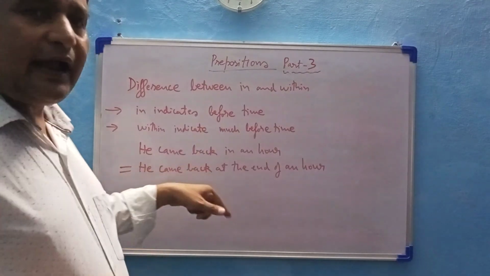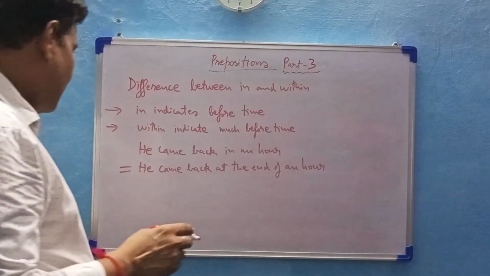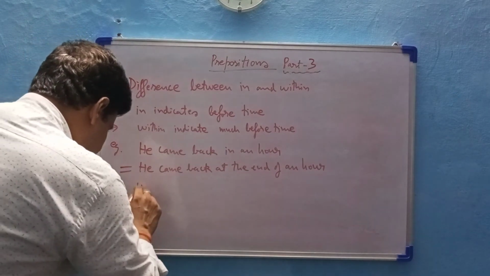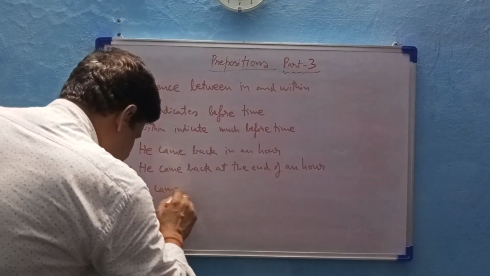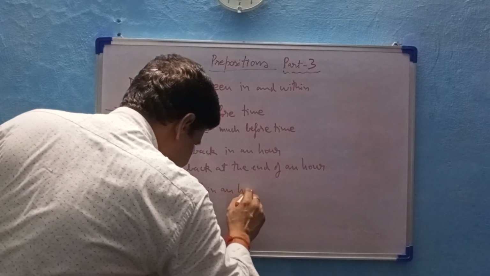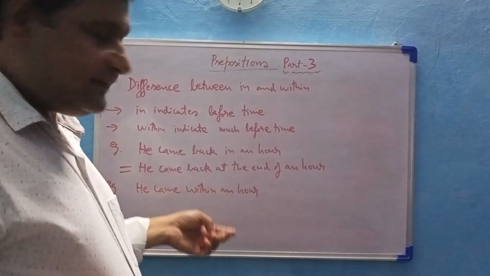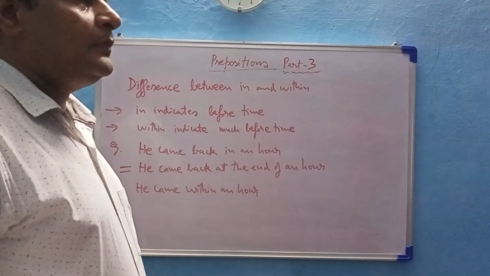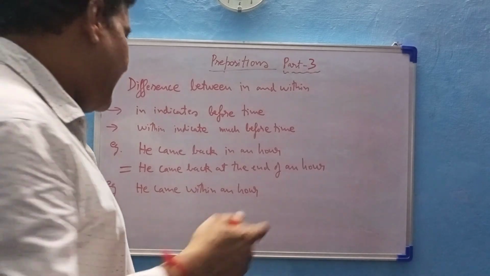He came back at the end of an hour. But if we say he came within an hour, it simply means he came much before the end of the hour.